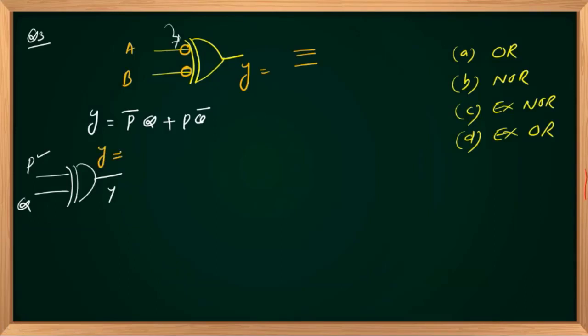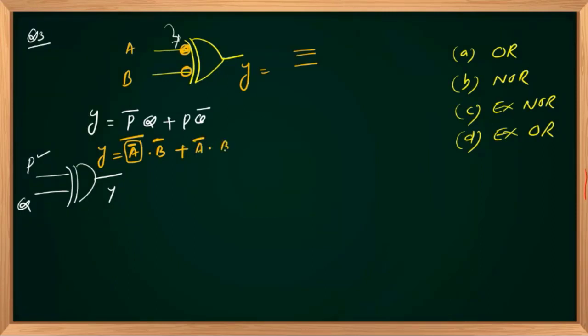P bar will be nothing but A bar the whole bar, because P is equal to A complement. P is the actual input, after the bubble, because I have a bubble here. So A bar equals P dot with Q. What is Q? Q is nothing but B complement, plus P dot Q bar. What is P? P is A complement. What is Q?